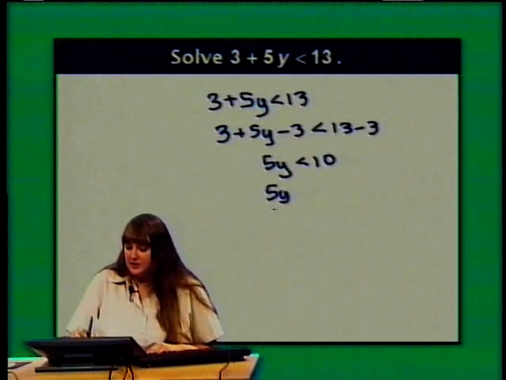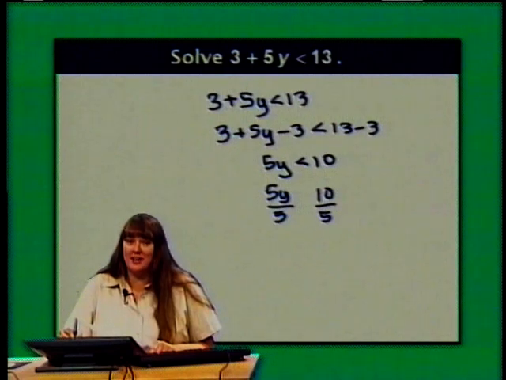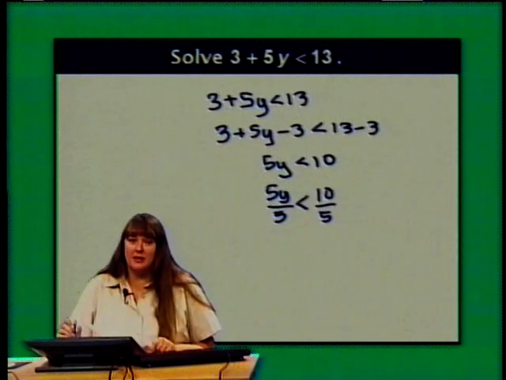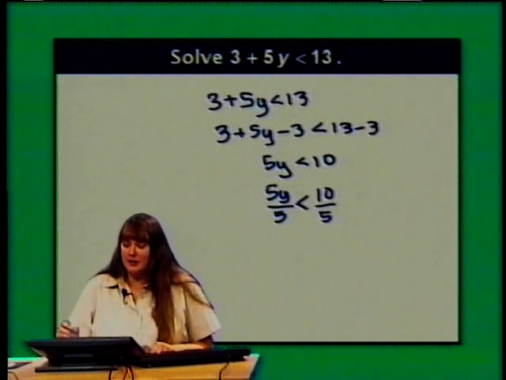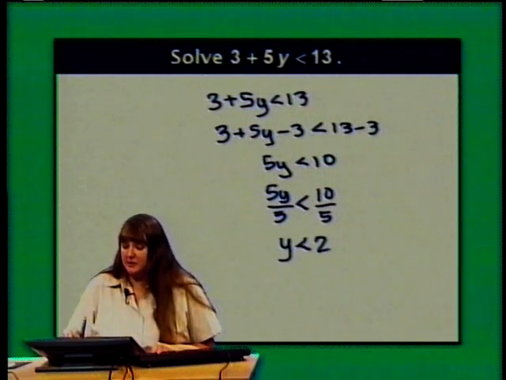Dividing both sides of this inequality by 5 being a positive number, I need to retain the sense of the inequality. When we divide both sides of an inequality by a positive number, which is equivalent to multiplying both sides of the inequality by the reciprocal of that number, we retain the sense of the inequality. So my less than symbol stays as a less than symbol. And this simplifies to y is less than 2.